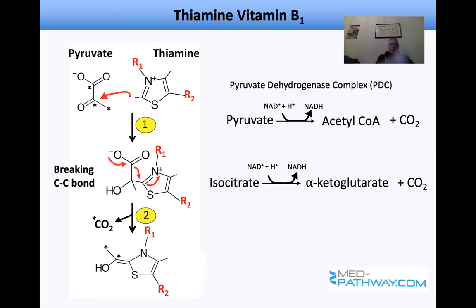So as it pulls those electrons towards itself, it liberates CO2. And so one of the carbons is going to be liberated as CO2. And now what we have are the activated 2 carbons from that event here that are stuck to the thiamine. And we're going to go through a long road to grandma's house to actually regenerate this thiamine here.